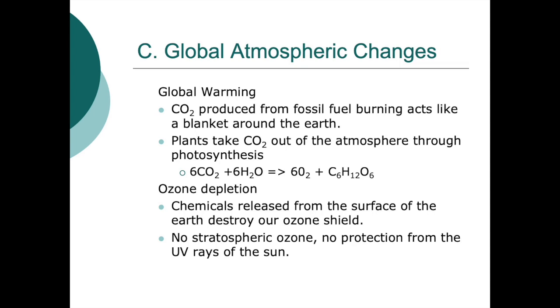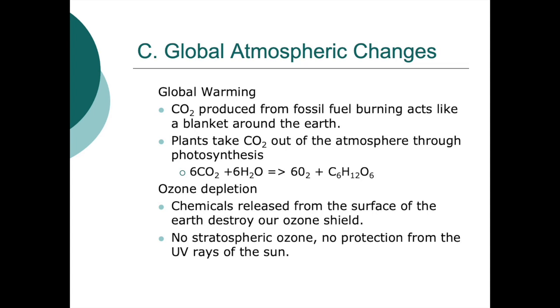And then as we continue, we start to see global atmospheric changes. We actually see CO2 going into the atmosphere. We see those levels rising. Again, that process of global warming, the increase of the CO2 released through the burning of fossil fuels, is like a blanket. It is trapping the infrared heat that would normally escape.